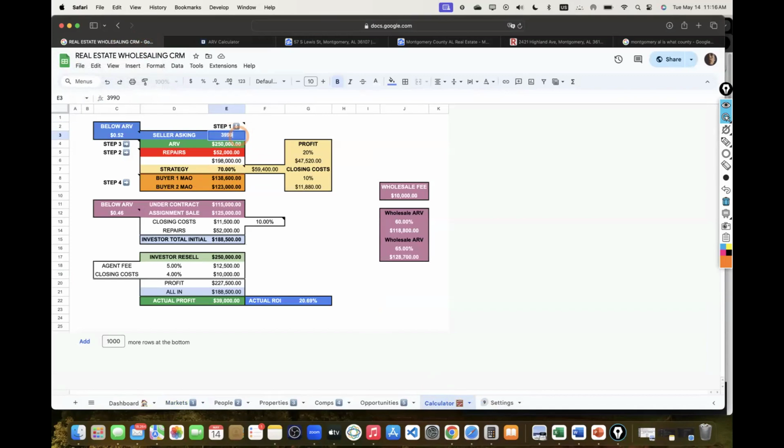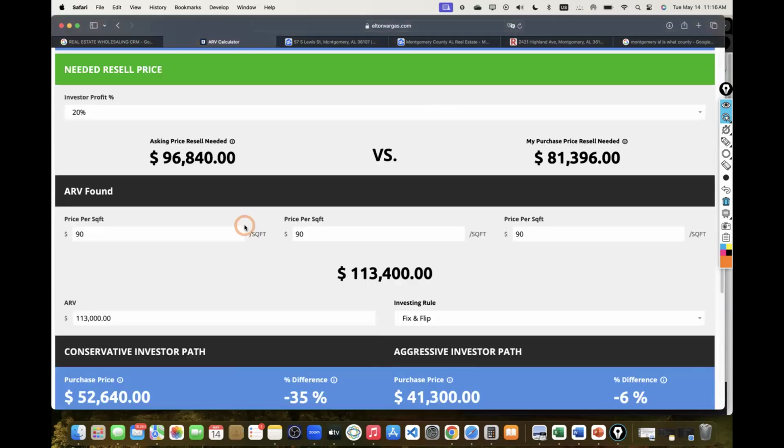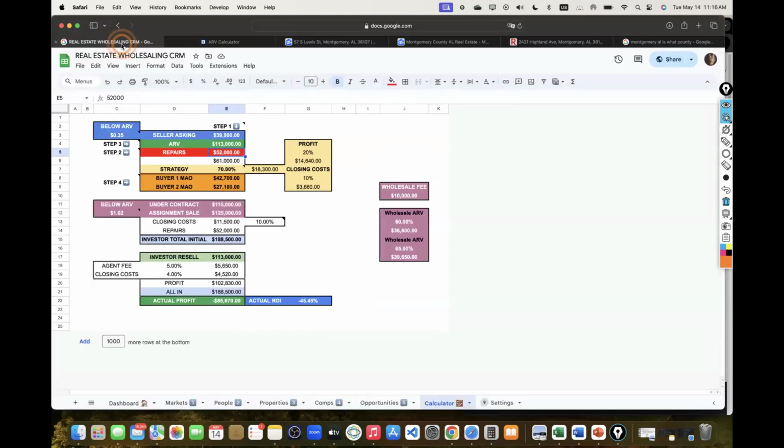Property selling for 39,900. ARV, worst case scenario, $113,000. Repairs, we estimated repairs to be what, $38,000. Again, it can be less, honestly, in my opinion, just because of the rental stuff. It can be $25,000.